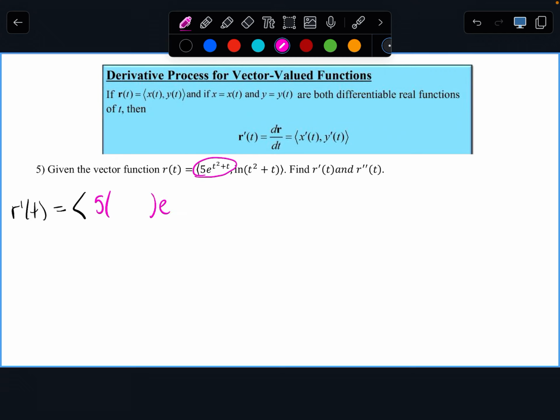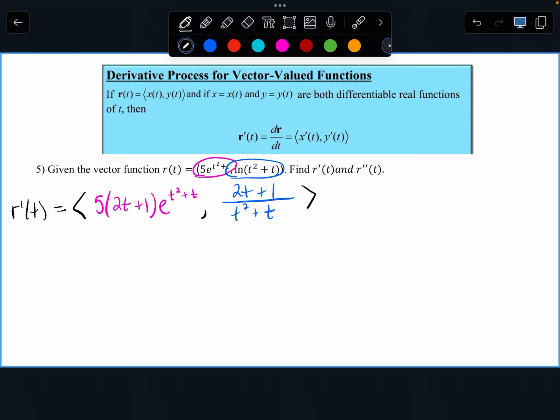So it'd be e to the t squared plus t, the derivative of e, but then I have to do chain rule, so that'd be 2t plus 1. That'd be the first one, and then you do the second one. The natural log is 1 over the crazy thing, but then you got to do chain rule. So 2t plus 1. And then that'd be done.